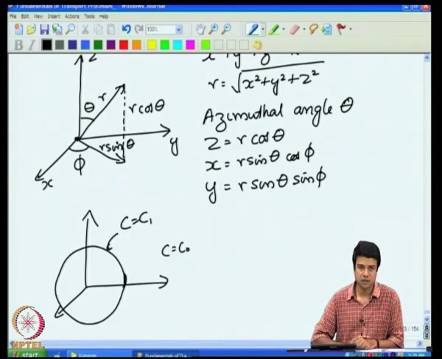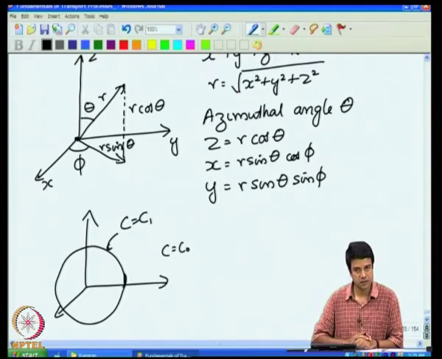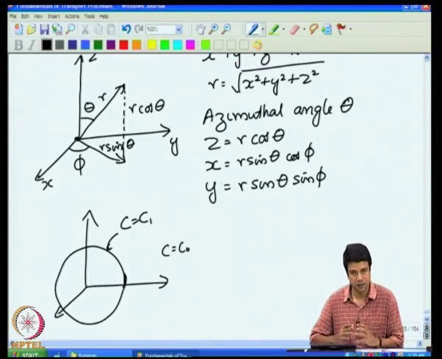Therefore, the concentration should vary only depending on the distance from the origin, or the r coordinate. It should not vary as I go around the spherical surface or as I go around any spherical surface within the fluid, because there is diffusion taking place only radially outwards.